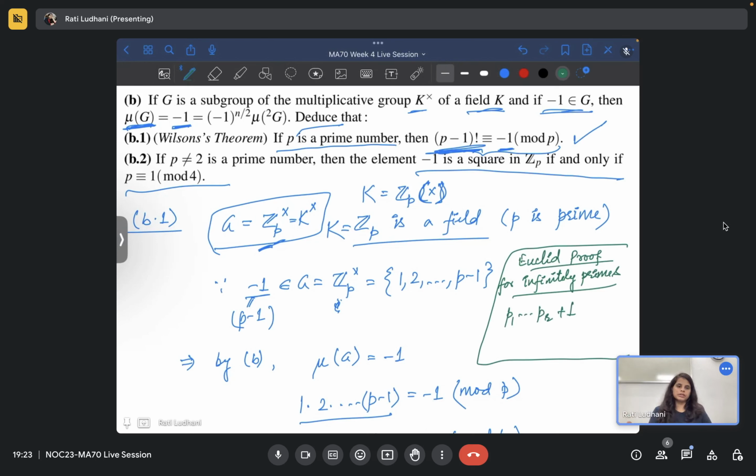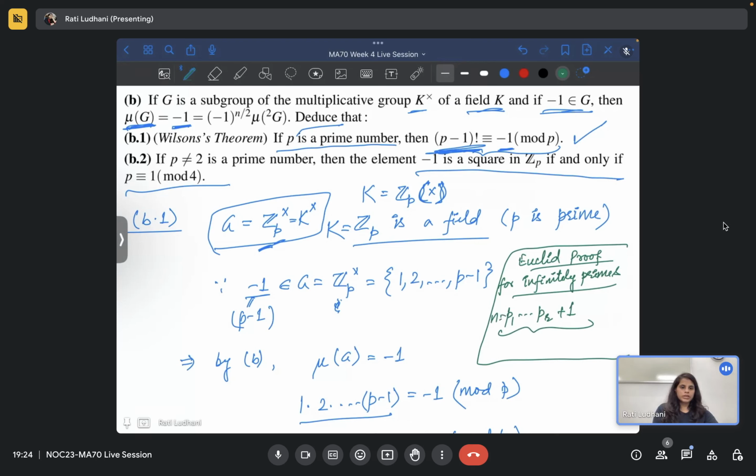So you assume there are just finitely many primes, then you take the product and add 1 to it. Then you know this is not equal to 1, so there should be a prime which divides this new element.